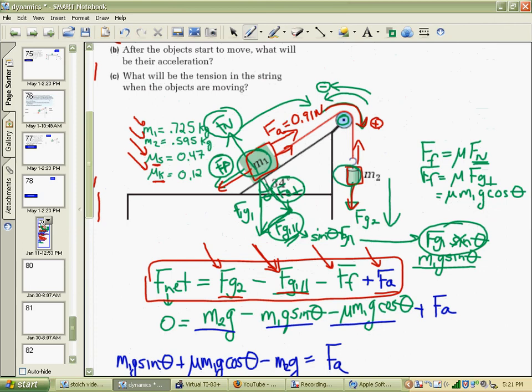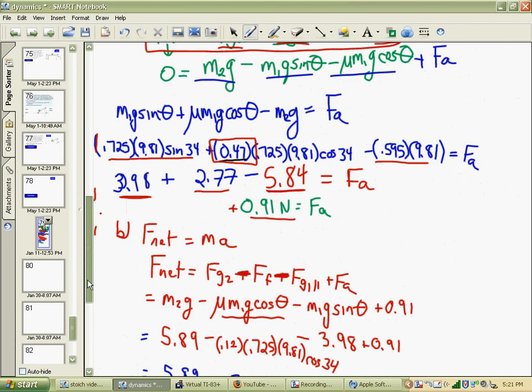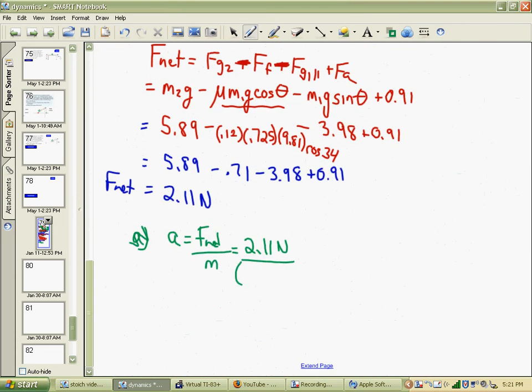So both of those masses have to get added up. 0.725 and 0.595 we've got to work out as the total mass. Again, handy dandy calculator.